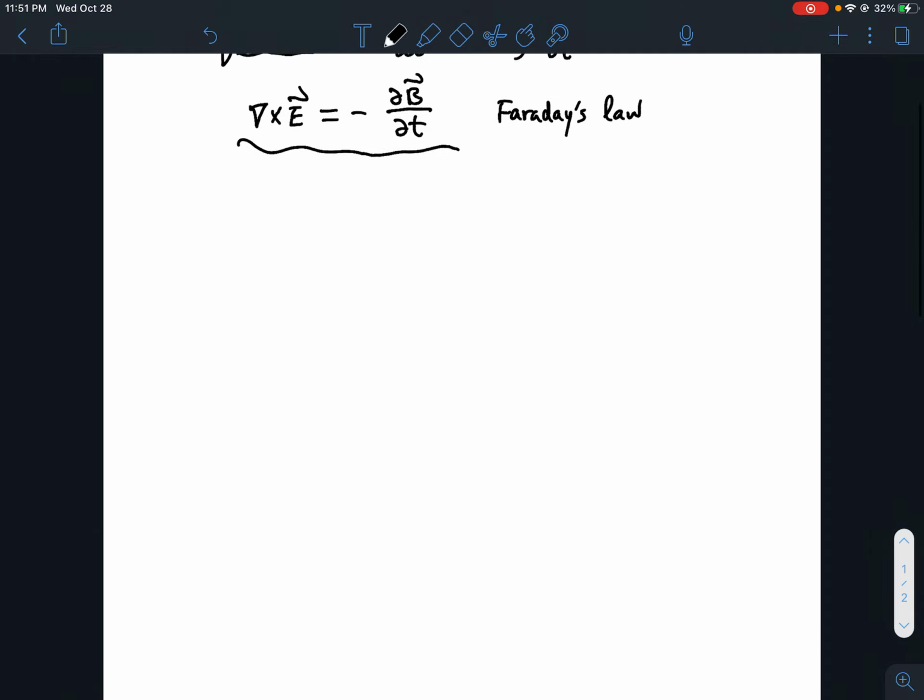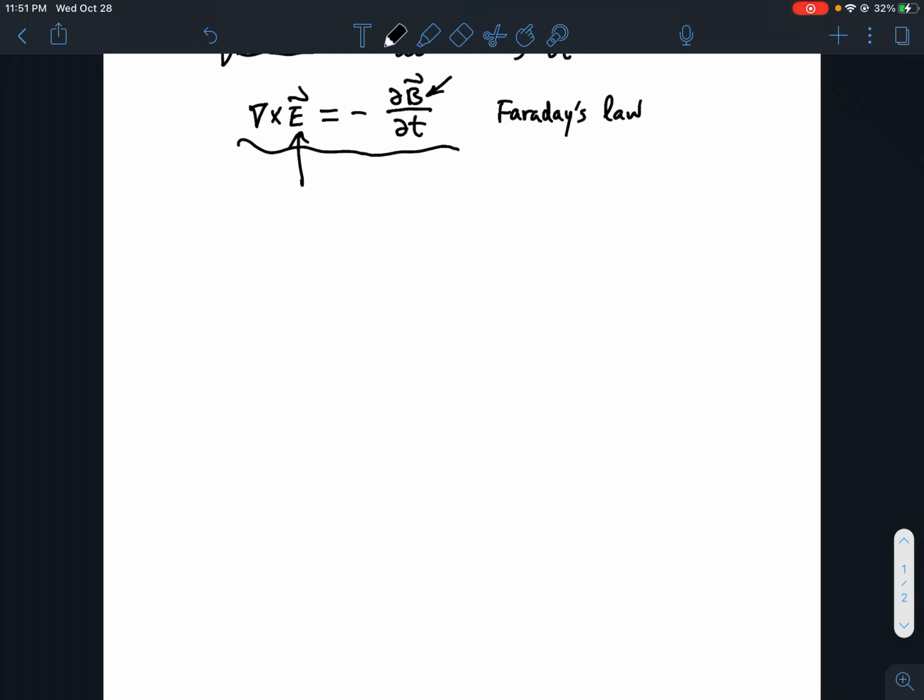It's saying that if the B field is changing, it will create an induced electric field. So this is a very important discovery actually, and it allows us to create current by changing the magnetic field.